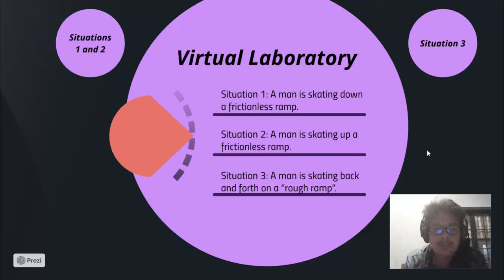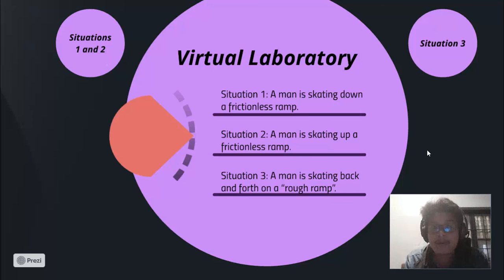And in situation 3, a man is skating back and forth on a rough ramp. It is skating up and down, but on a rough ramp, which means friction is present.